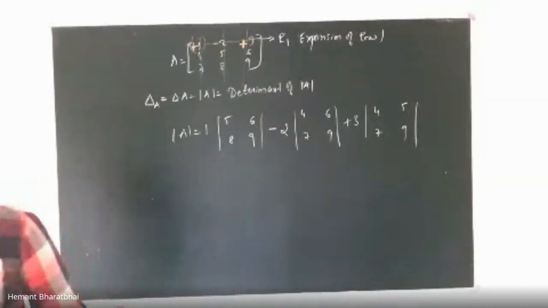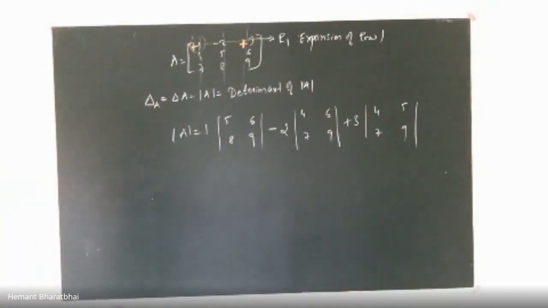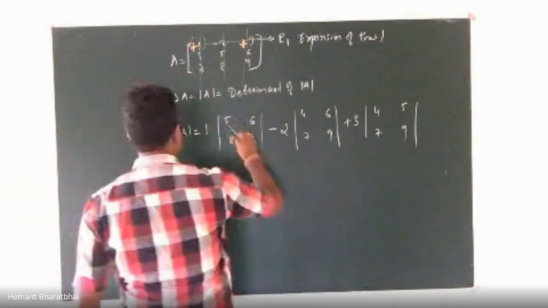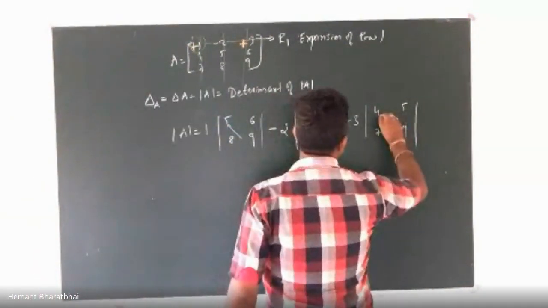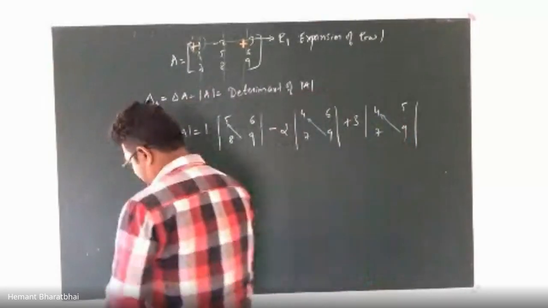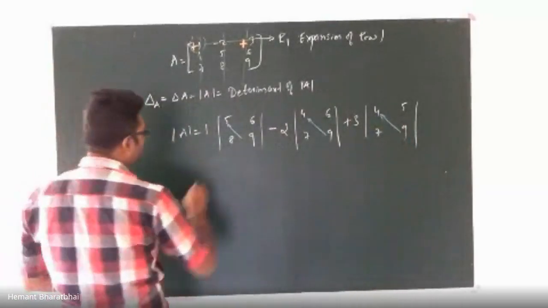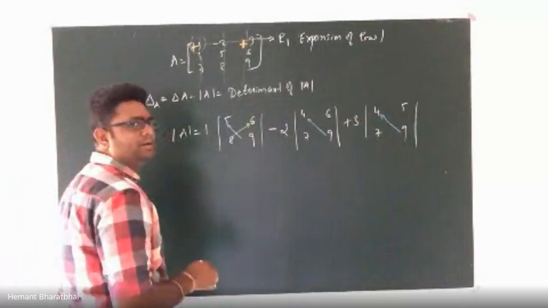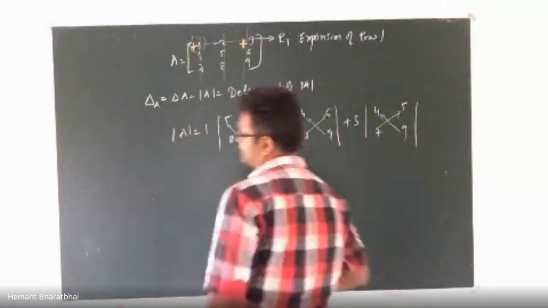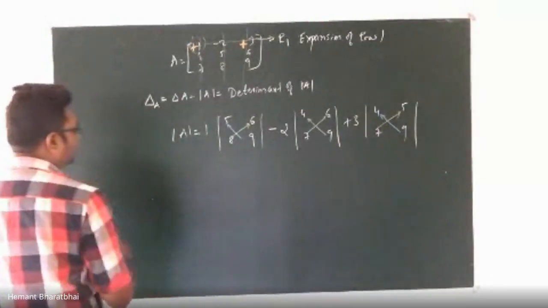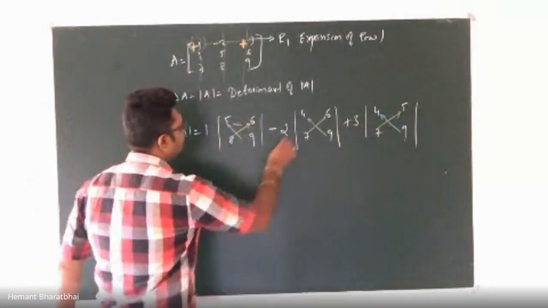Then first you go from right to left, and then you go from left to right in the direction of the arrows I am showing, with a minus sign between them.